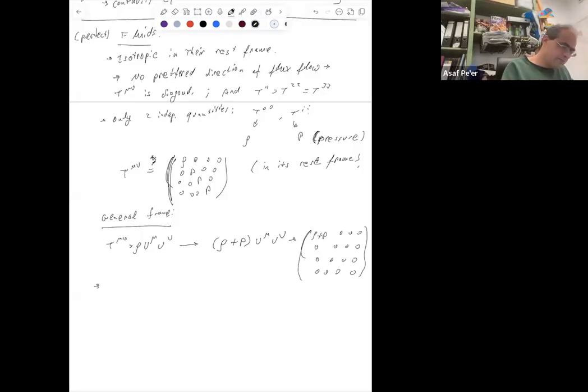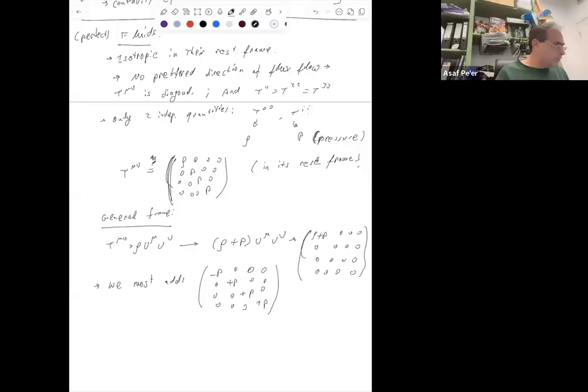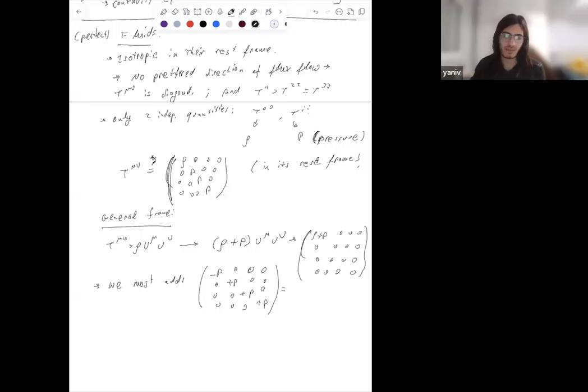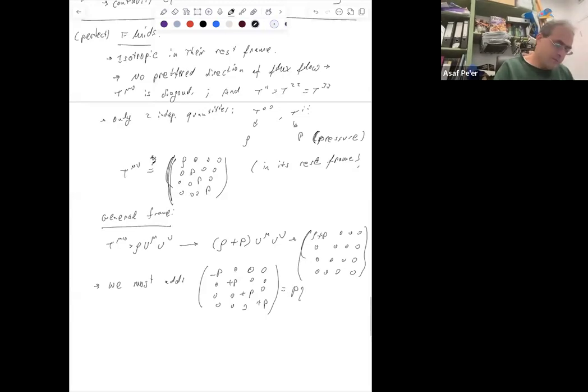So we must add something that looks like minus p, plus p, plus p, plus p. But how do we write this term? P times the metric. Exactly. So this is just p times eta mu nu. Very good.